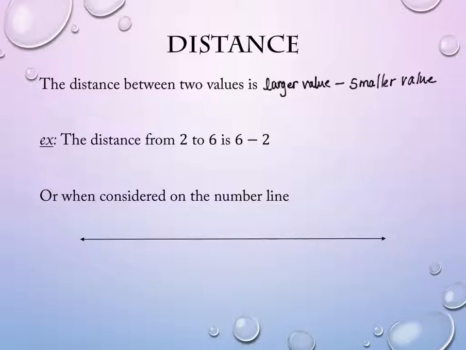So if we want the distance between 2 and 6, it's really just 6 minus 2. 6 minus 2 is 4.